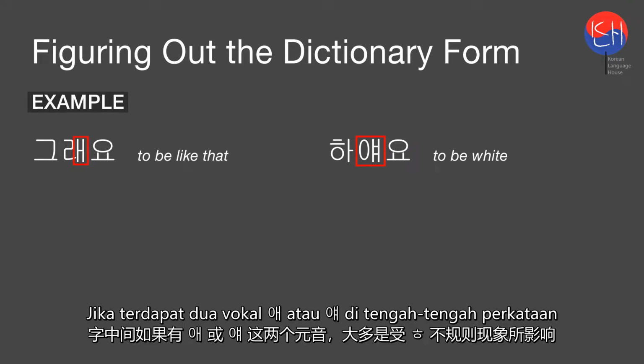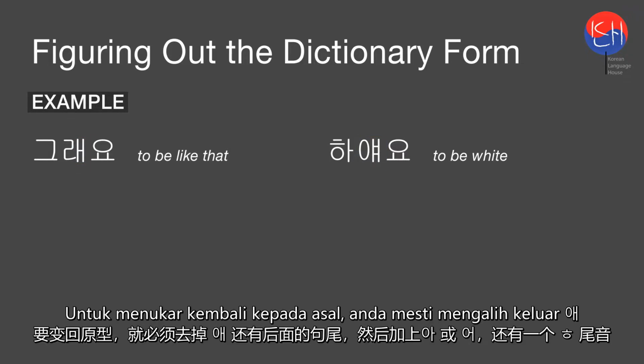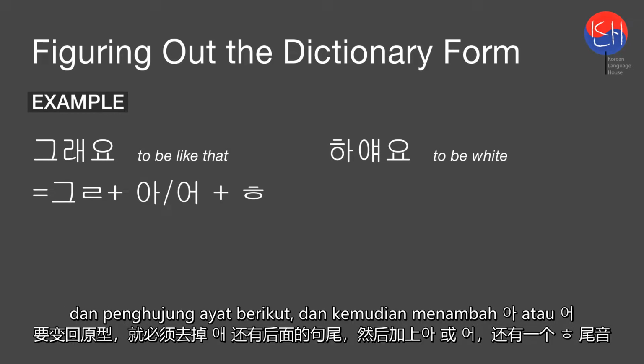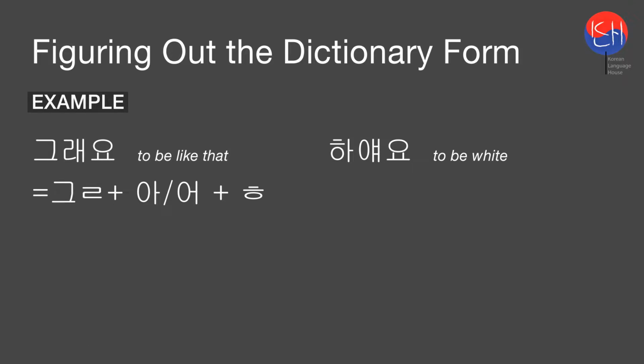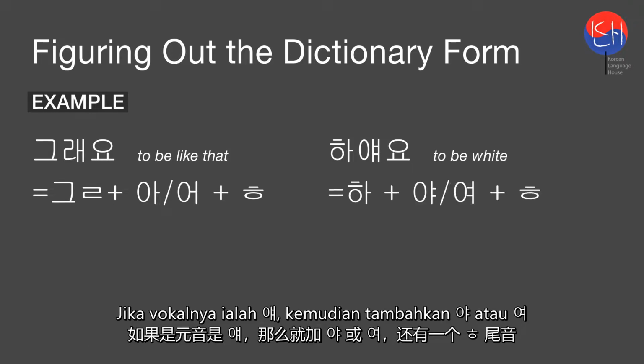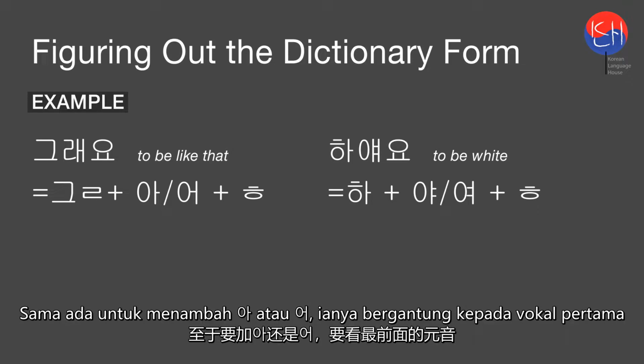Words that have 에 or 예 in them are often created by the 히읗 irregular. So to change them back, you have to replace the 에 and everything after it with ㅏ or 어, and then add a 히읗. As for 예, it'll be 야 or 여 plus 히읗. So how do we figure out whether to add ㅏ or 어? You look at the vowel of the first syllable.